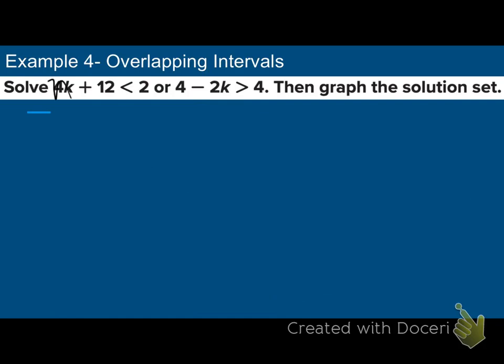Just thinking off the top of my head here, I'm going to create another example real quick. Let's say we had an AND compound inequality, and we got to an answer that looked like x is greater than or equal to 3, and x is greater than or equal to, let's say, 7. Okay?